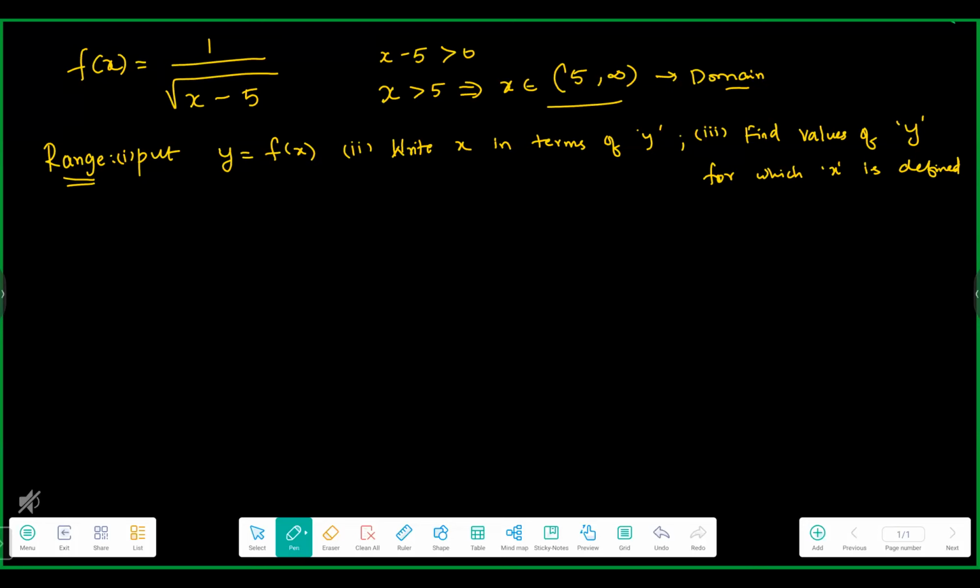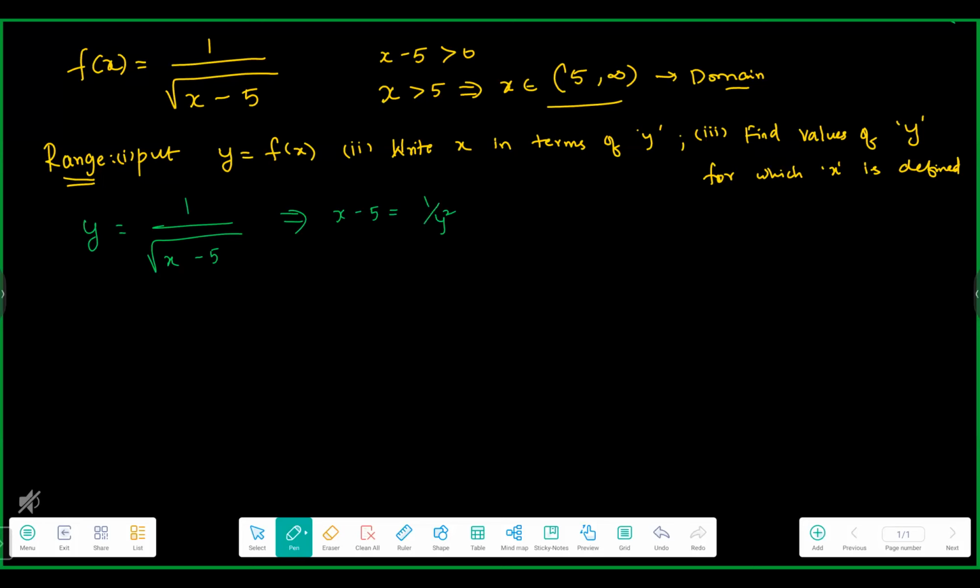So first step, I'll write y is equal to 1 by square root of x minus 5. So y is equal to f of x. In the place of f of x, I wrote the expression. The second step is write x in terms of y. So cross multiply: x minus 5 is equal to, can I write it as 1 by y square? Yes.